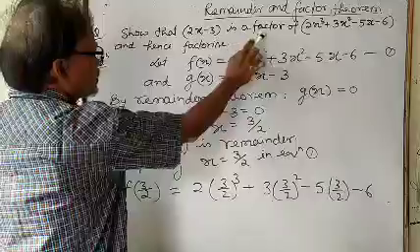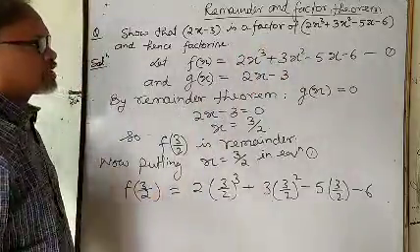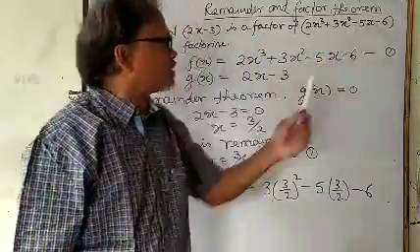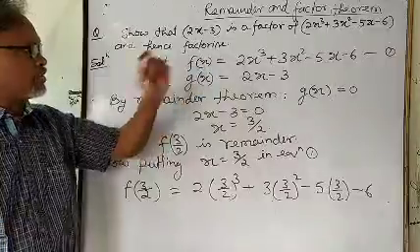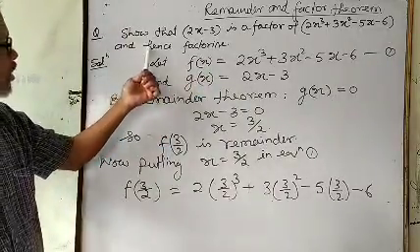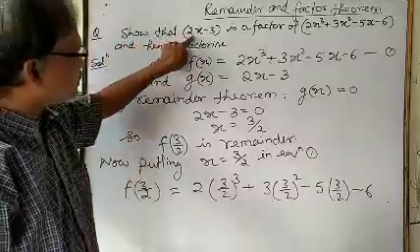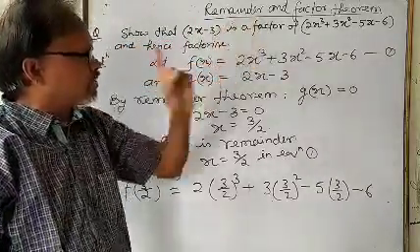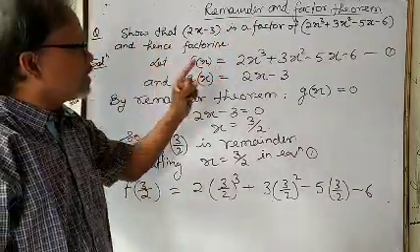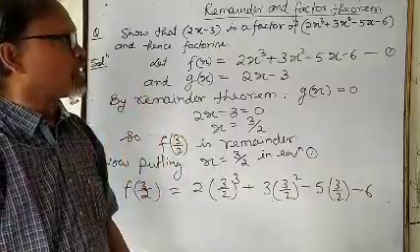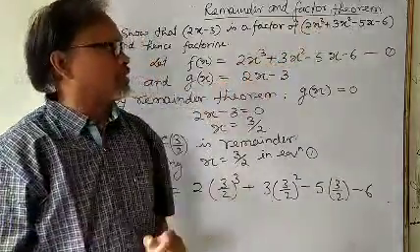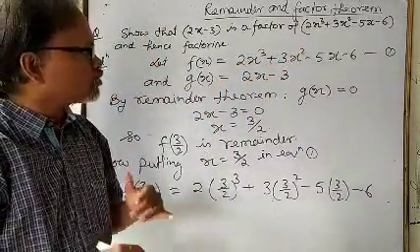Show that 2x minus 3 is a factor of 2x cube plus 3x square minus 5x minus 6 and hence factorize. Thereafter you have to factorize this one, because if we show that this is a factor, it means there are two more factors in this polynomial. How two more?